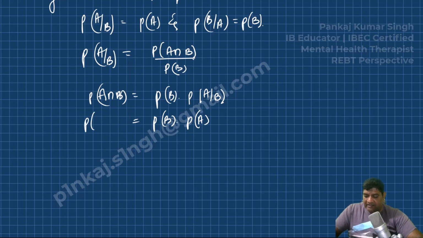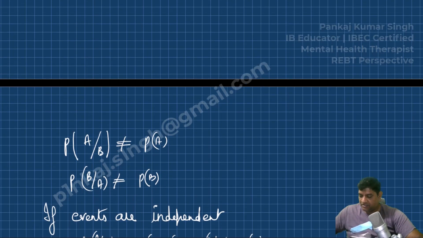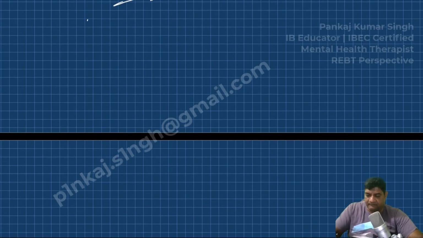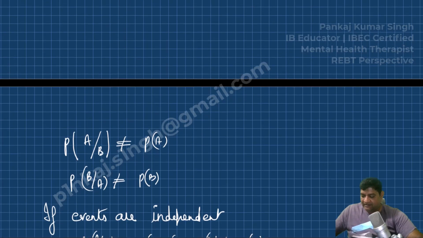So I can confirm that the two events are independent only if this situation is satisfied. So let's go back and look at it. What is the probability of B? I got the probability of B as 2 by 3. And I know the probability of A.